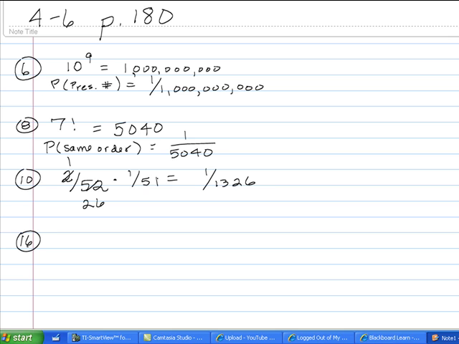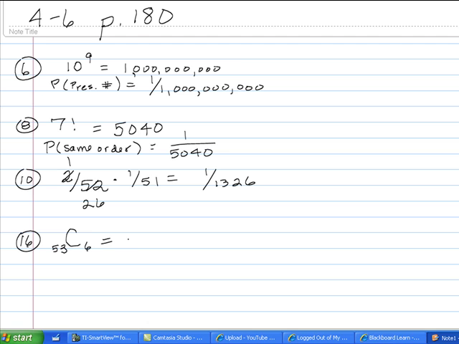Okay, so with the lotto, repetitions are not allowed, and we're told order doesn't matter, so that means we have combinations, and we're told there are 53 numbers, 1 through 53, and we're choosing 6, so I need to figure out the number of combinations of 53 taken 6 at a time, and I'm using my calculator for these.